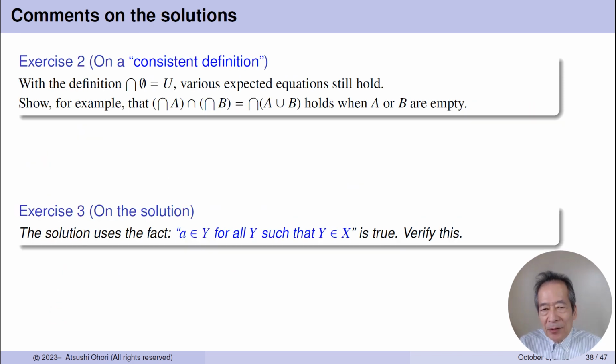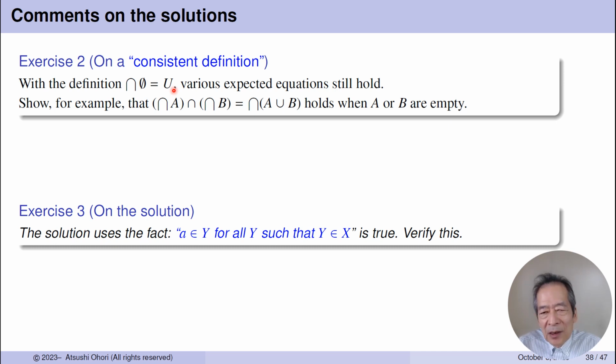Some comments on the example solutions I gave. First is about the consistent definition. I said, without any justification, that this definition, the big intersection of the empty set, is the universal set. And I said that this is a possible consistent solution, right?